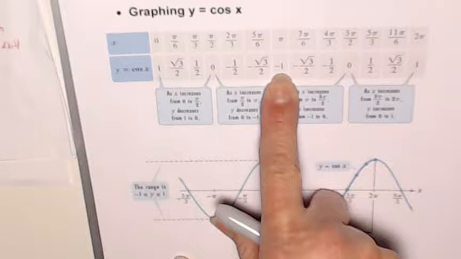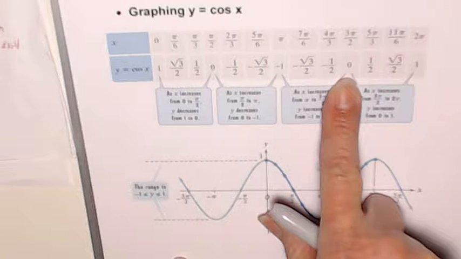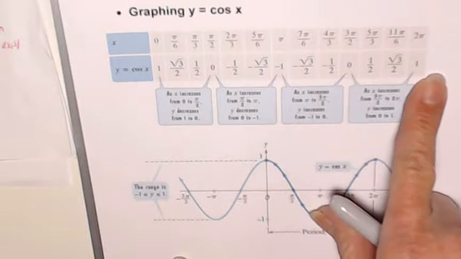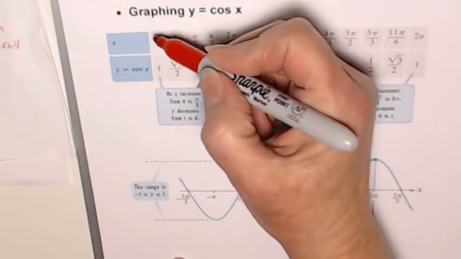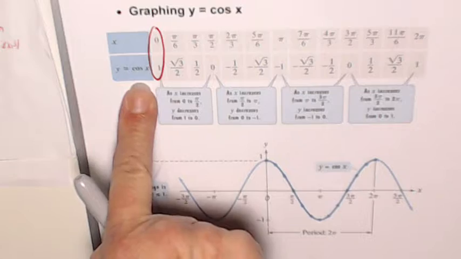Then in Q3, we are still in negative territory, but we are increasing to 0. And then in Q4, we now are in positive x territory, and we increase from 0 to our maximum point here at 1. So looking at these key values here, when x is 0, cosine is 1.